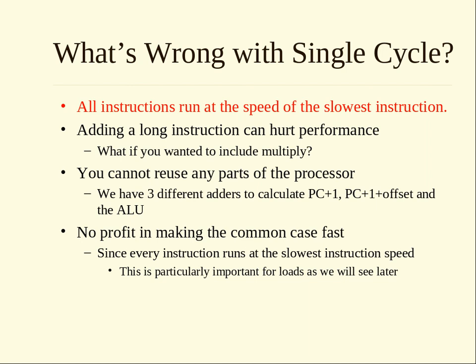Well, if you're adding a lot, then that's going to be a lot longer than just a simple addition. So if we added a multiply, what would happen with our single cycle processor? Well, the cycle time would grow to the gate delay of a multiply, and that would be for all instructions, which would definitely slow down our processor overall.